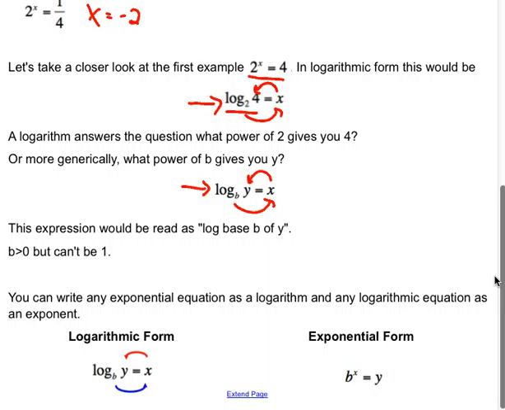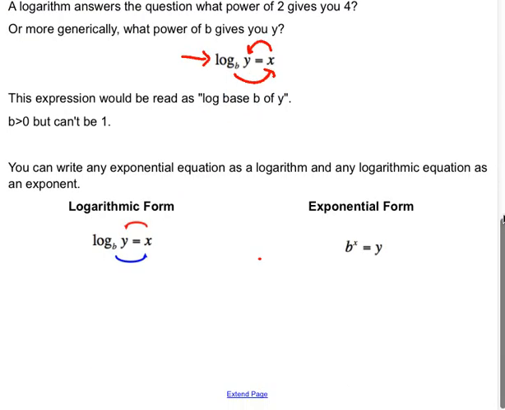It must be greater than 0, but it can't be 1. We're going to discuss that more later. So a logarithmic form of an equation looks like this, and is doing exactly what I was just saying. To transform it, it's basically saying b to the x power gives you y.